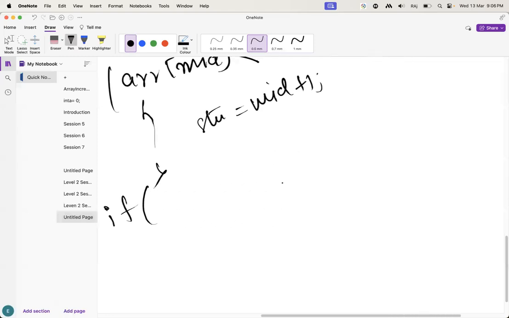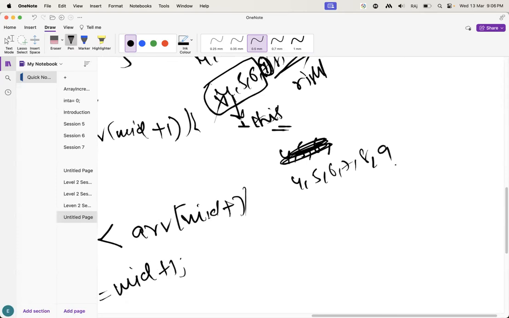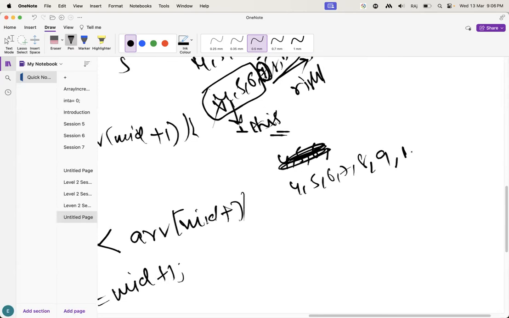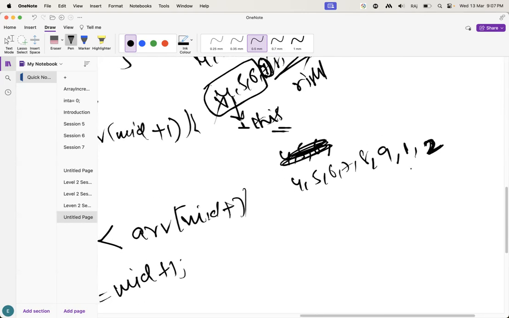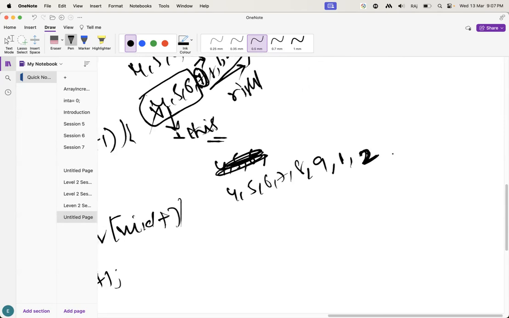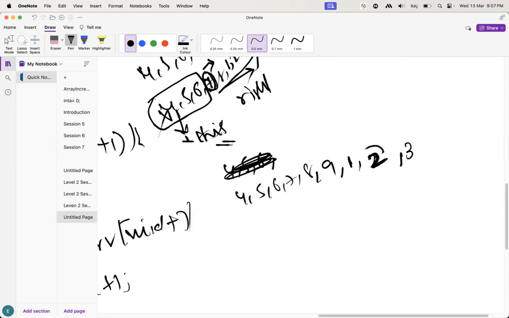Okay, let's suppose the element is like this. Else, suppose the elements are 4, 5, 6, 7, 8, 9, 1 and 2. Let's suppose we found a mid here.